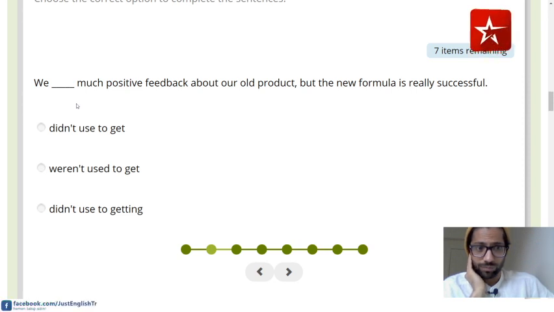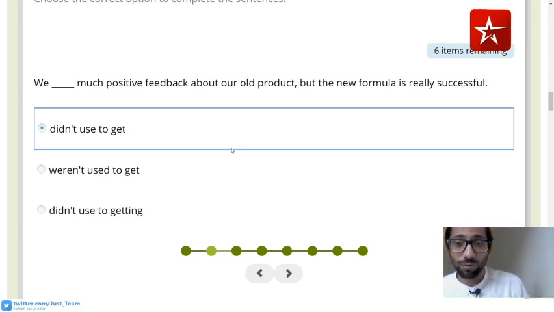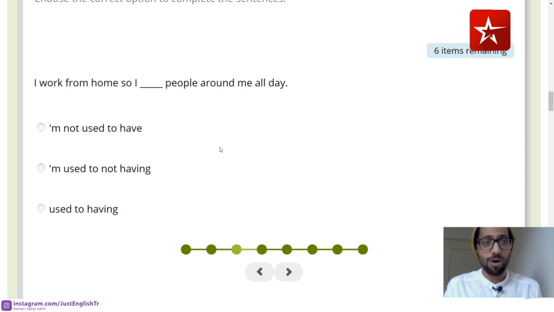A. We didn't used to get much positive feedback, but the new formula is really successful. Yes, didn't used to get, which means here it is used to and the infinitive. Why? Because here we've got something in the past that's changed, but the new formula is really successful. Thank you, guys.